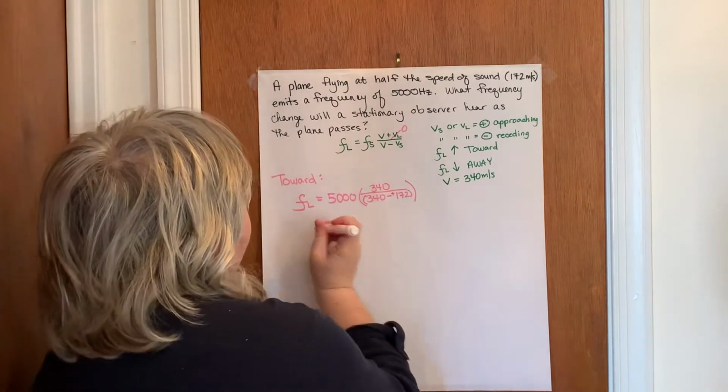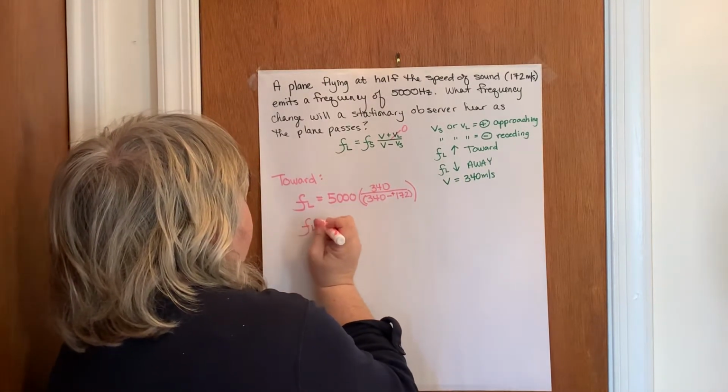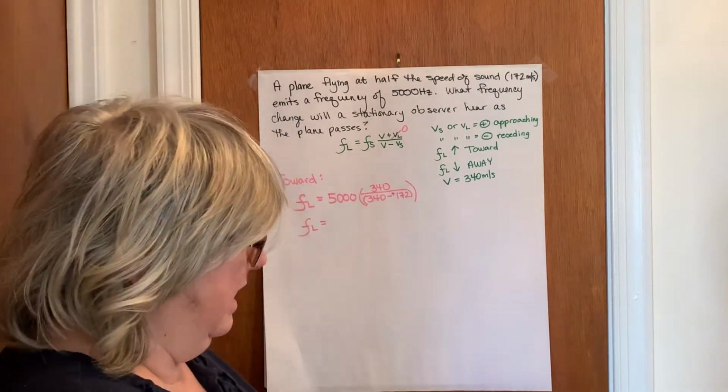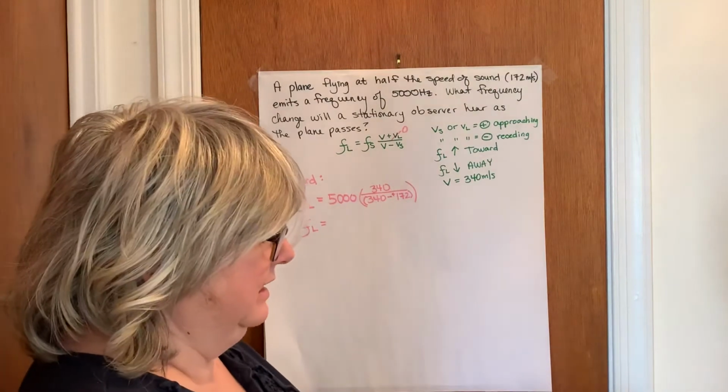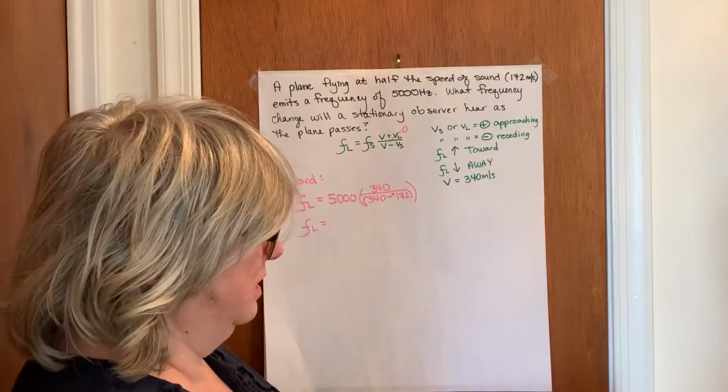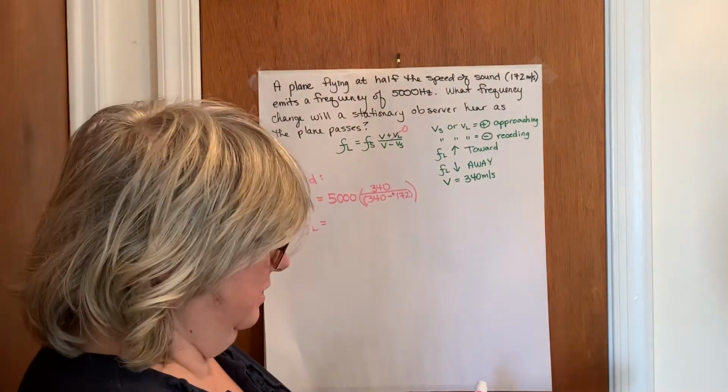meters per second. I'm going to hit all of that into my calculator, and I'm going to get a pretty big number. I get something like 11,000 when I do this.